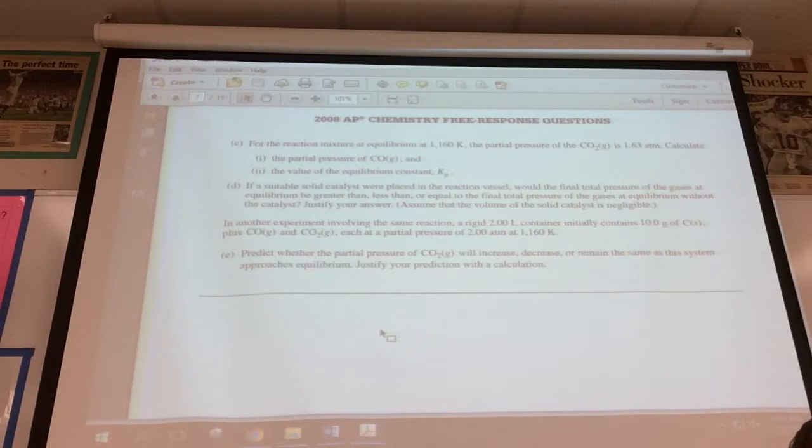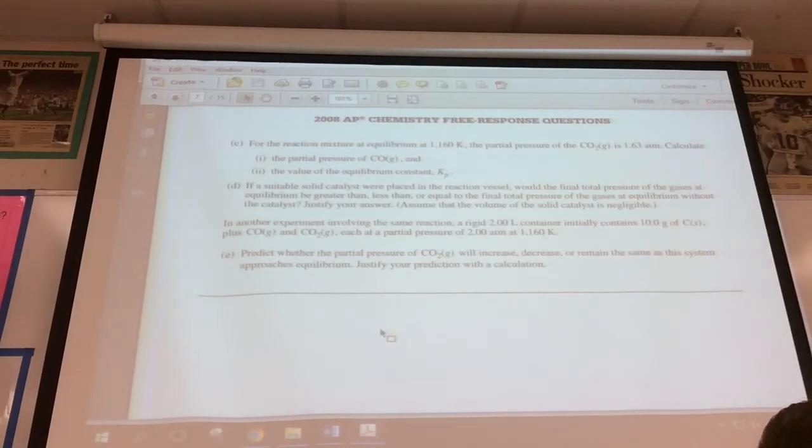It says, for the reaction mixture at equilibrium, the partial pressure of carbon dioxide is 1.63 atmospheres. So the partial pressure of CO2 at equilibrium is 1.63 atmospheres.